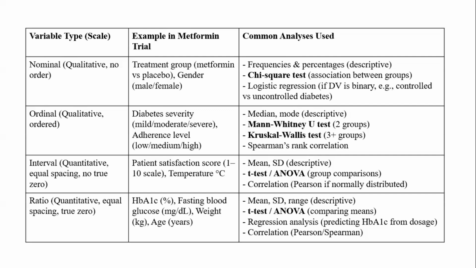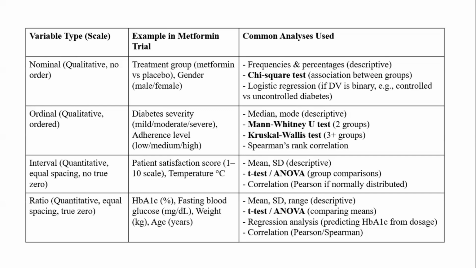For example, a nominal variable, which is qualitative, like the treatment group, metformin versus placebo, or gender, male or female. For this we do frequencies and percentages. Chi-square can check for association. We have logistic regression, to check, for example, if the dependent variable is binary, and you can use that as well.